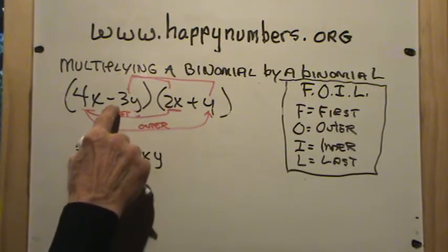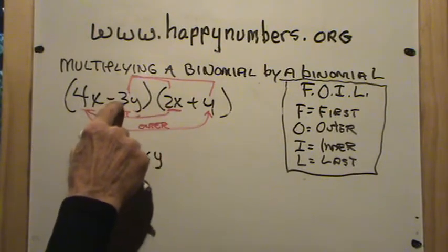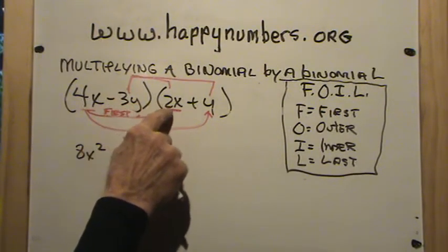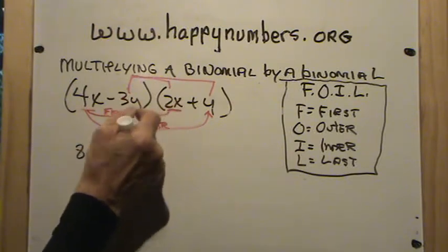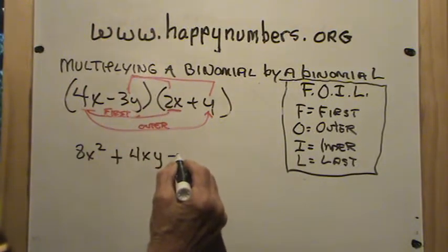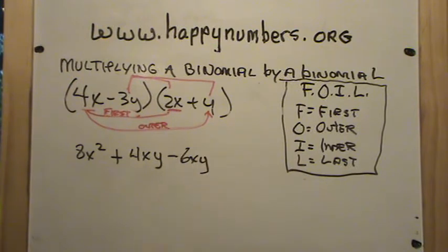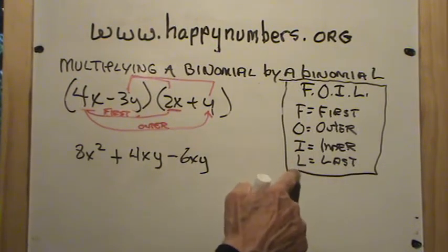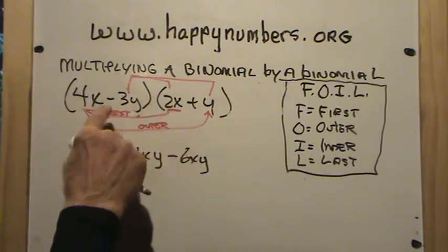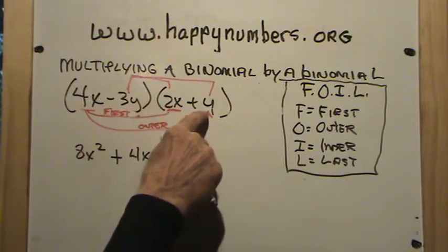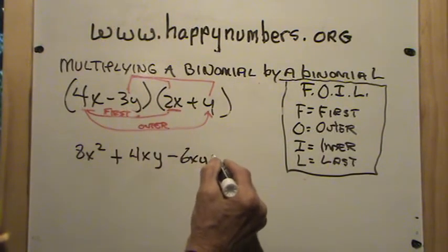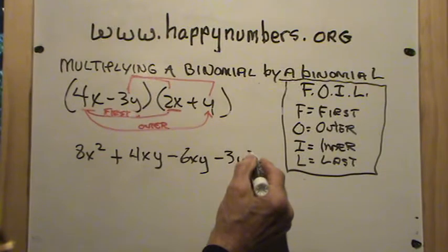Now I do the inner terms, negative 3y, positive 2x, because those are the inside terms, would give me a negative 6xy. And then I do the last. Well, these two are the last. Negative 3y and positive 1y would give me negative 3y squared.